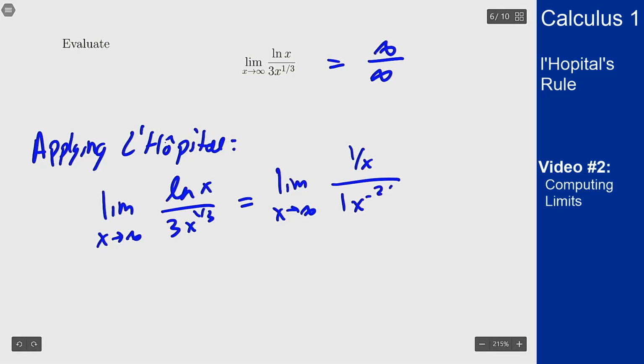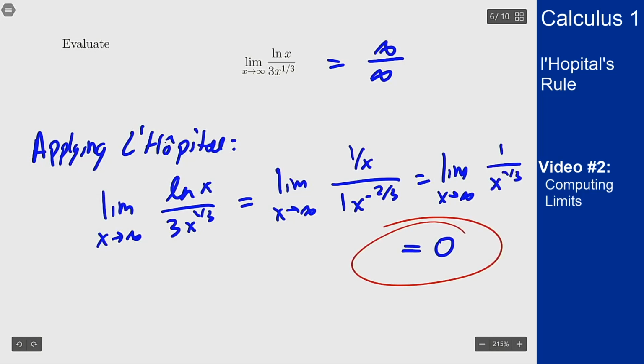That becomes the limit as x goes to infinity of 1 over x to the 1/3, canceling the powers out, which goes to 0. That is not indeterminate. That's the number 0, so that's fine.